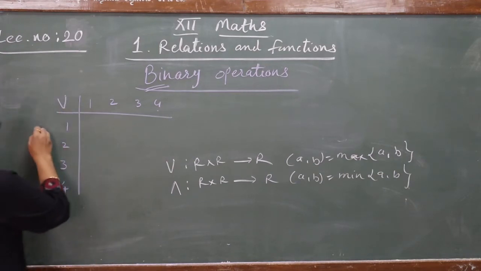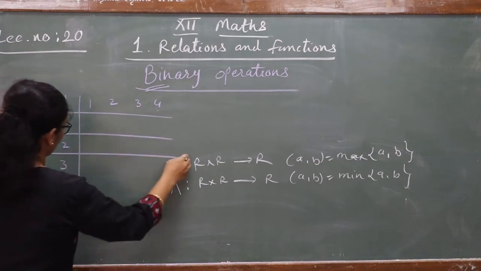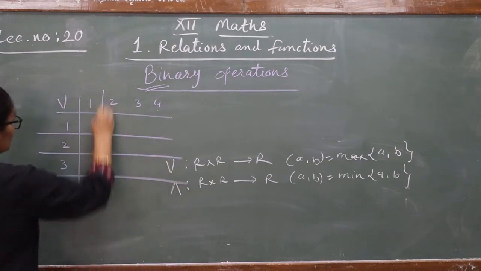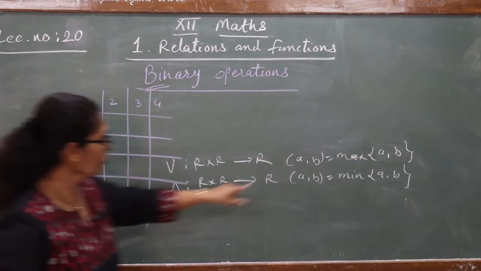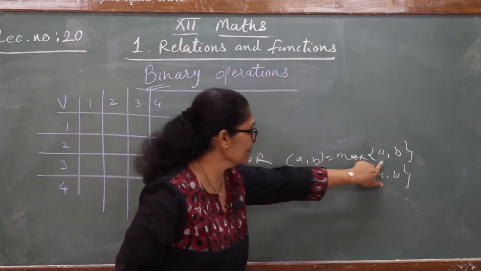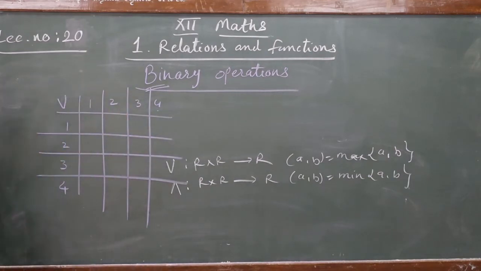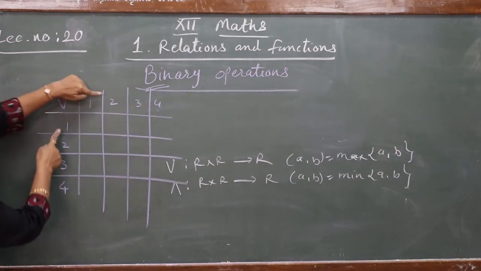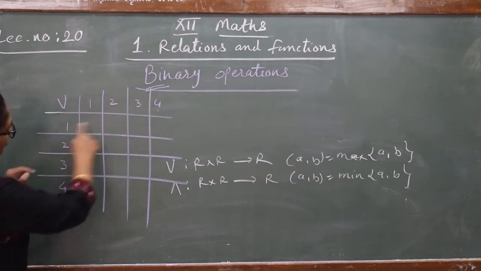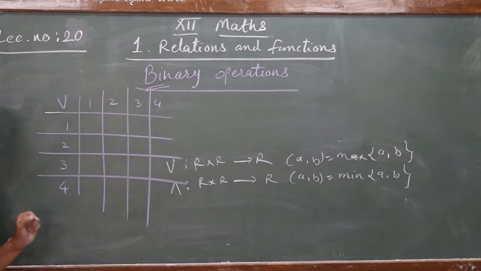Now let's check what you get. First, A asterisk B is the maximum among A, B that you have to choose. So first we start with 1 comma 1. You have to check in this way, and write your answer in this box.